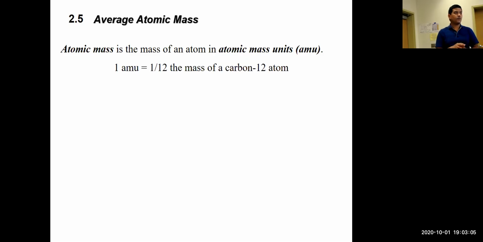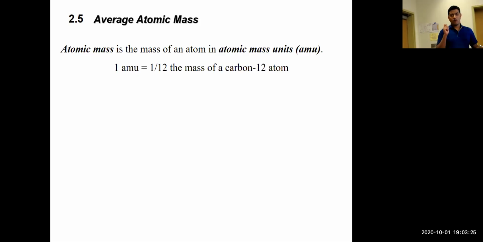In this part, we are going to learn how to calculate the average atomic mass, which is basically the mass of a single atom. An atomic mass is the mass of an atom in atomic mass units, the unit we use to measure the mass of a single atom.